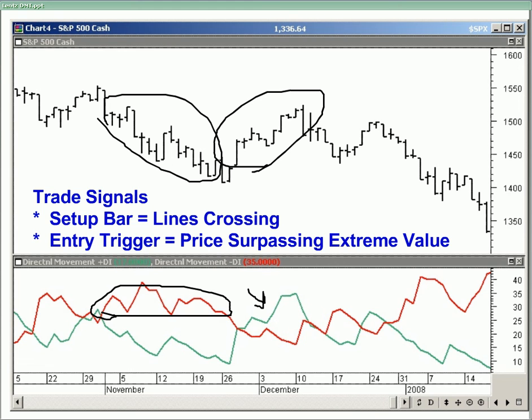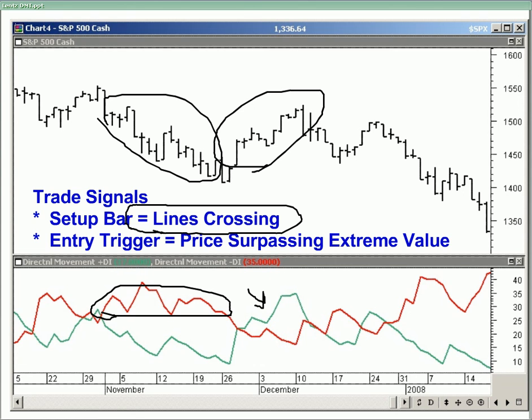Okay? Real good. Now, how do we get trading signals? How do we get signals from this? Well, what we're going to do is have a setup bar and then an entry trigger. So there's a setup bar that occurs and then an entry trigger. And that trigger is something Wilder came up with that's very important, and we're going to show you why.